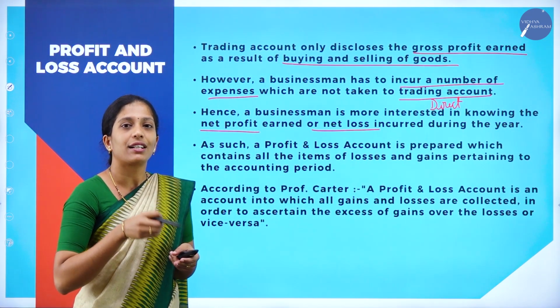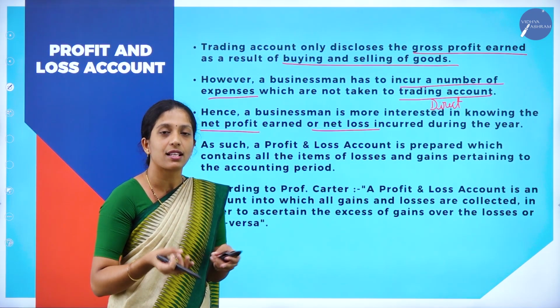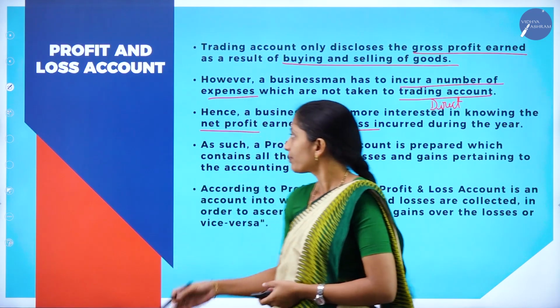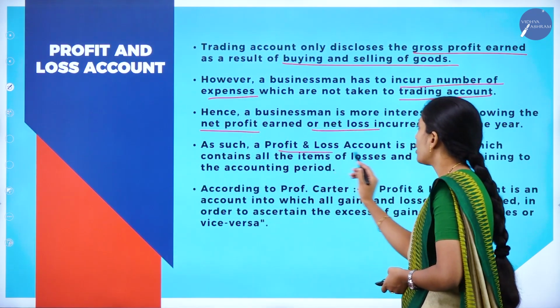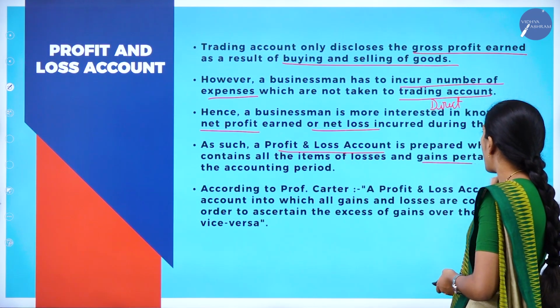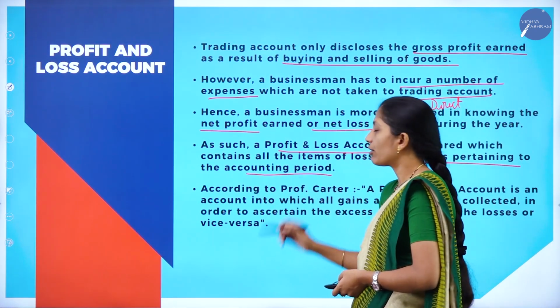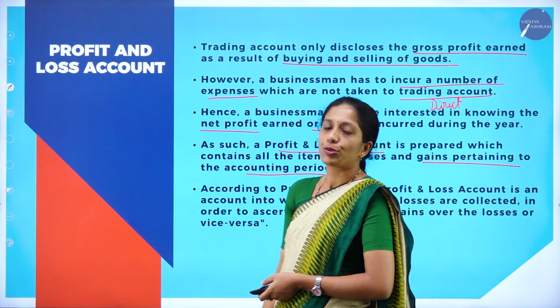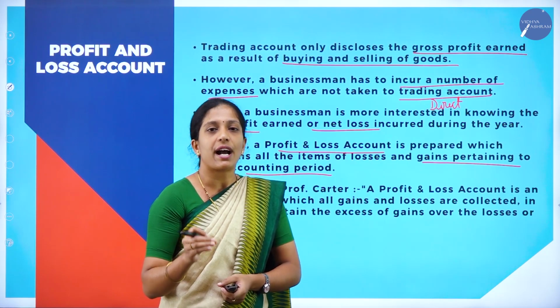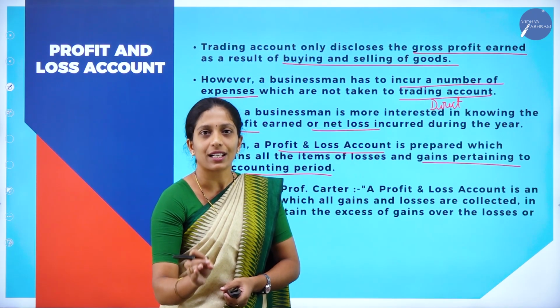So in order to get the net profit or net loss of the business, we have to take all the expenses of the organization. As a result, a profit and loss account is prepared which contains all the items of losses and gains pertaining to the accounting period. So what is the necessity to prepare profit and loss account? In your trading account, there is a limitation that we take only the direct expenses.